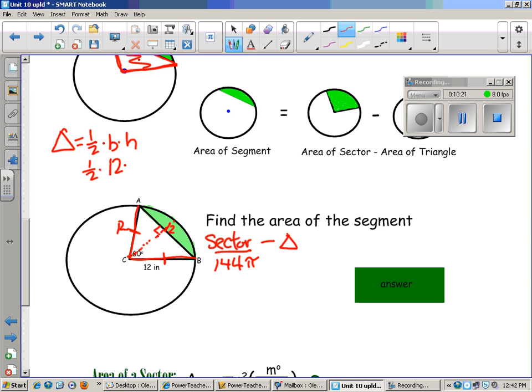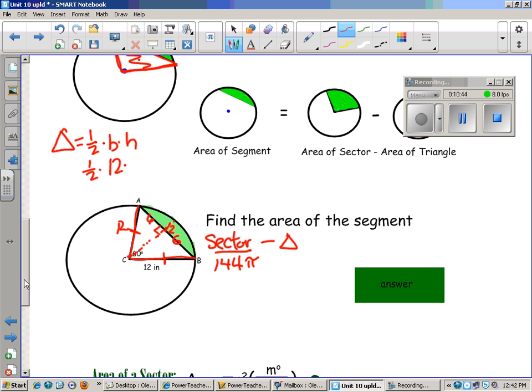Okay, but didn't I just draw a radius perpendicular to a chord? So what do I know about the two halves of this? They're equal. So if the whole thing was 12, this is 6, and this is 6. Are we okay? So far, so good?